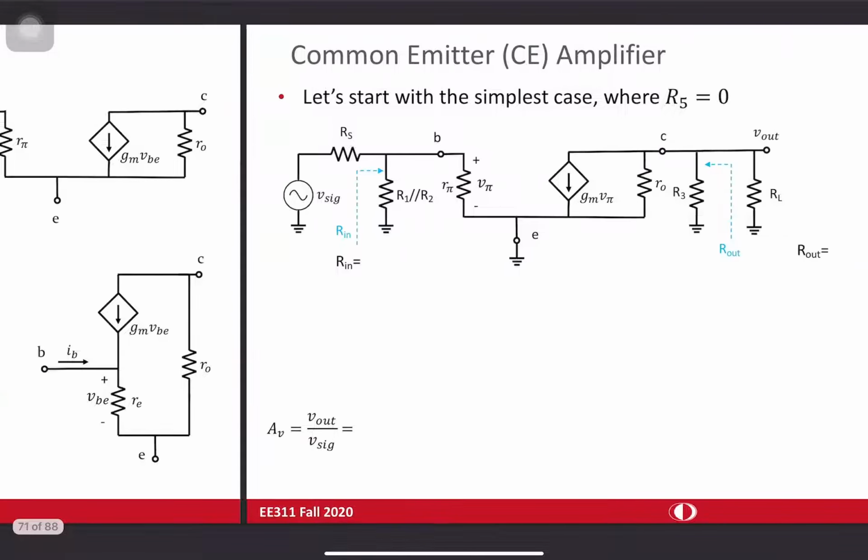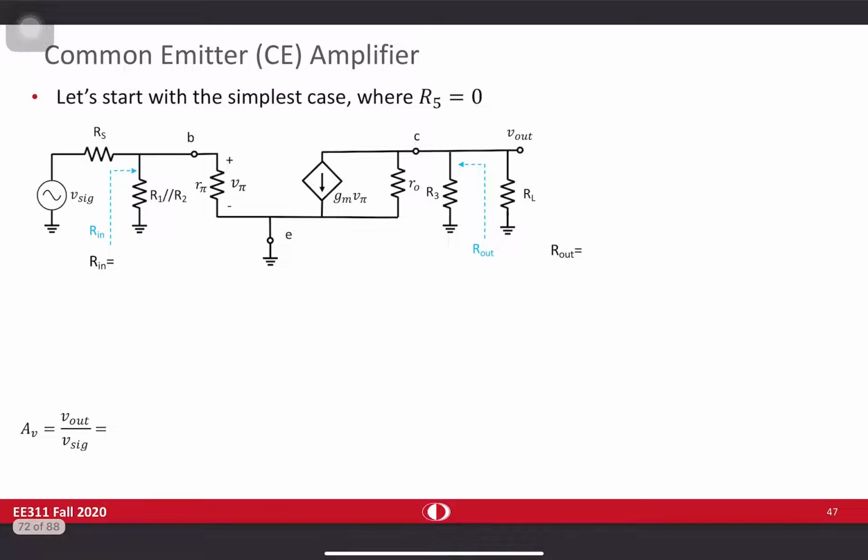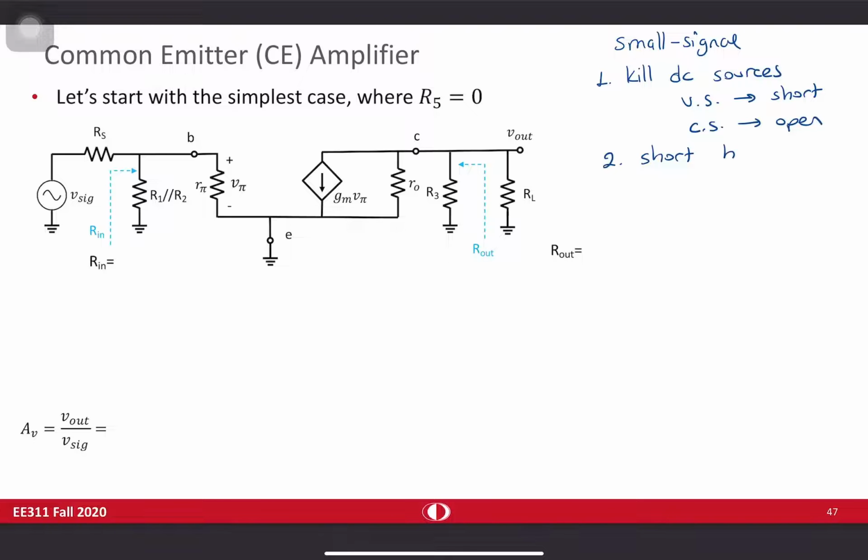Now let's analyze the common emitter amplifier in small signal. For small signal, again, you follow the same path. First, kill DC sources, which means that voltage sources are short, current sources are open. Second, short bypass and isolation capacitors.